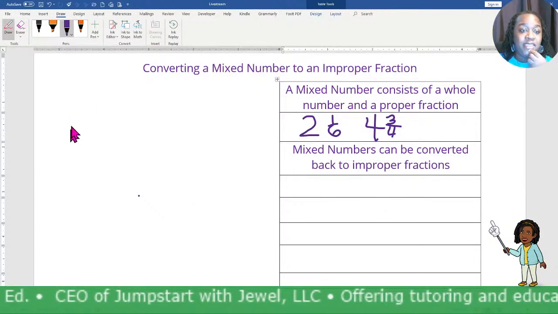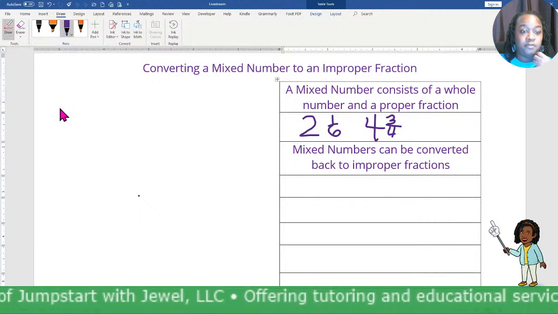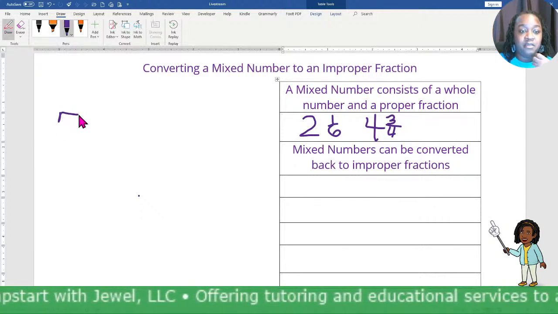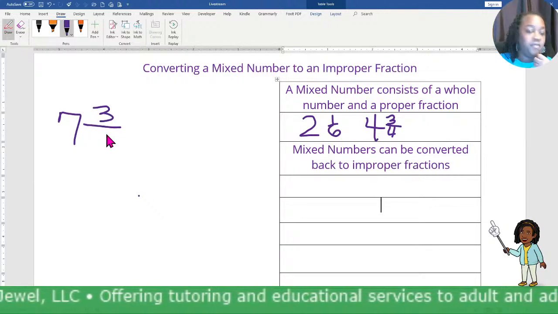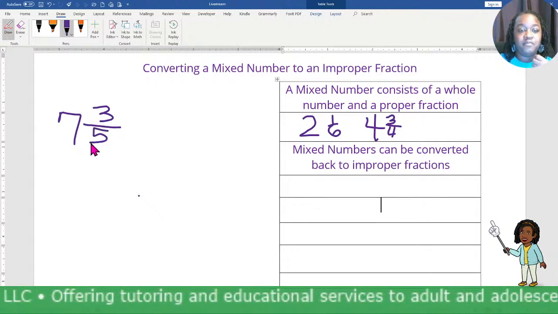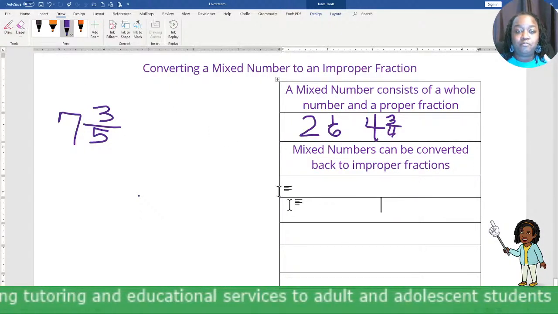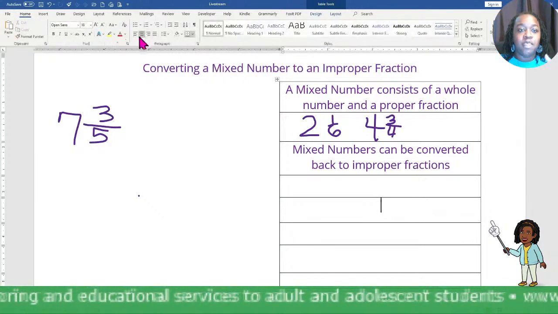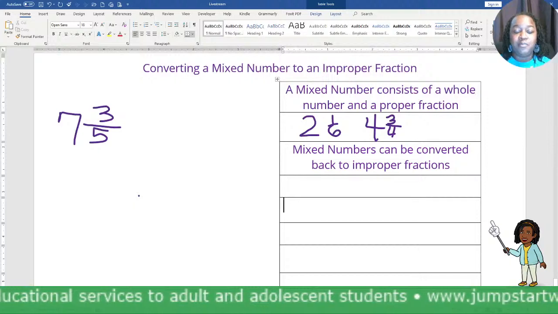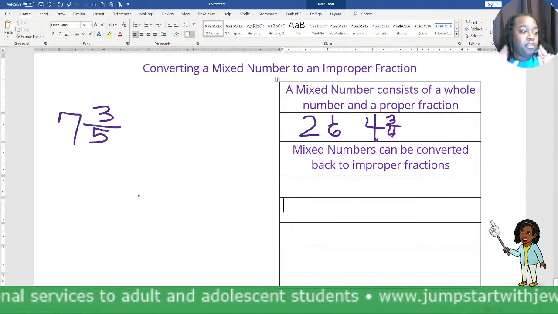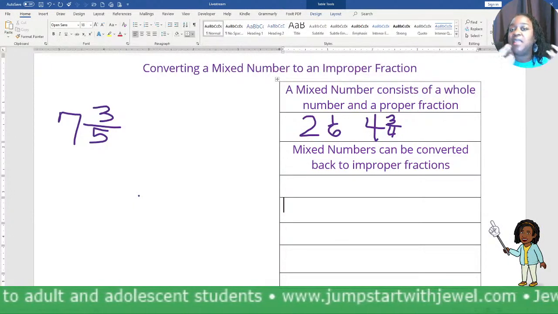So let's say we had a mixed number, 7 3/5. In order to convert a mixed number to an improper fraction, there's a couple of little steps, and it's not a lot. Once you know how to do it, it becomes easy.